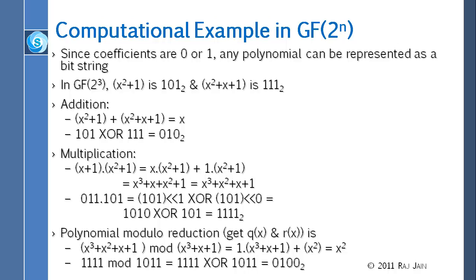You could do it by numbers or by polynomials. Let's just do this by numbers. What is the number representation for this? That number is 1, 1, 1. And we are multiplying by this number, which is 1, 1, 1, 1.